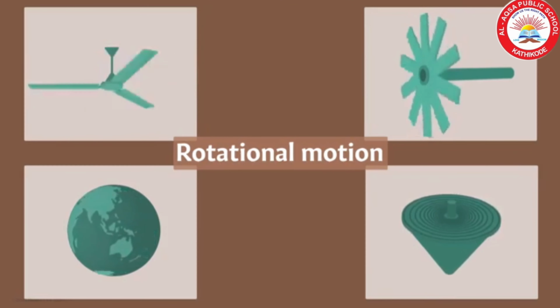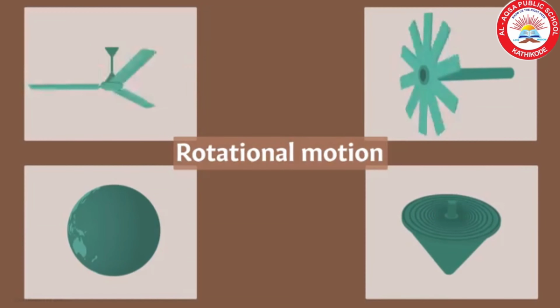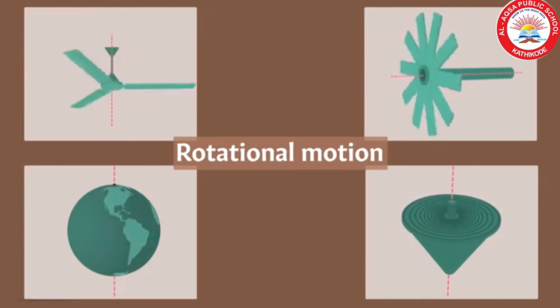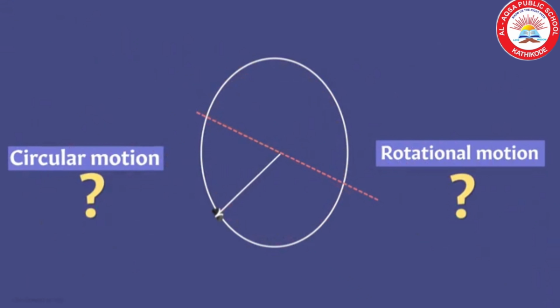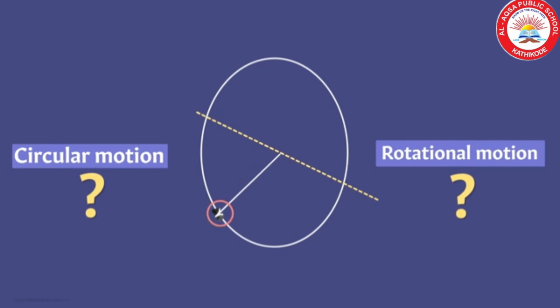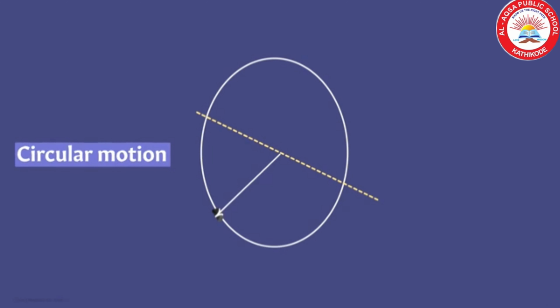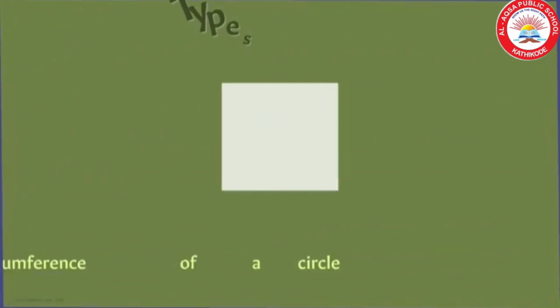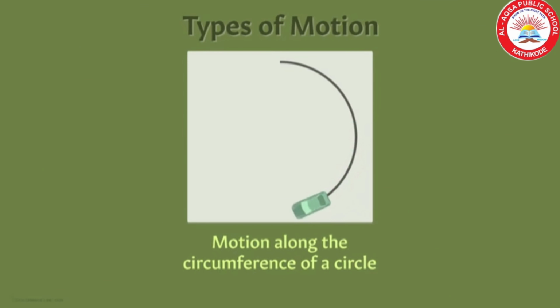Rotational motion comes when the object is moving through that line, the axis passes through the object. In circular motion, the object is outside the axis. When we rotate it, the axis is not moving and the object is not through that axis.